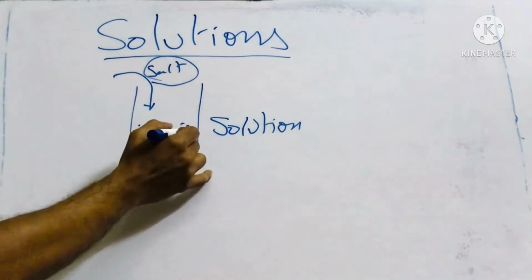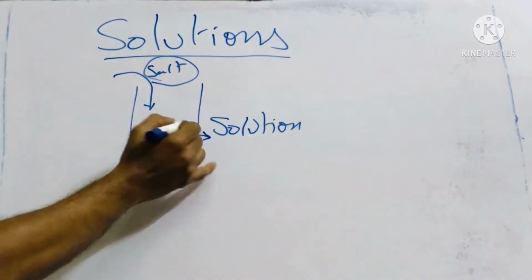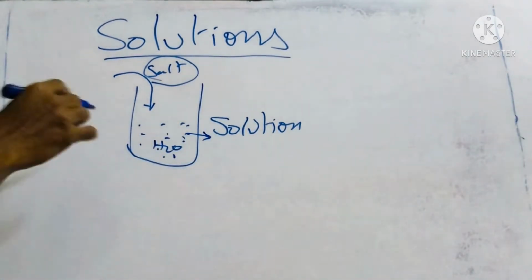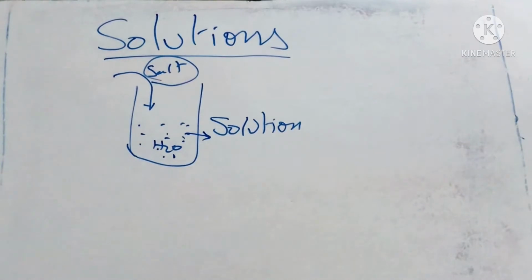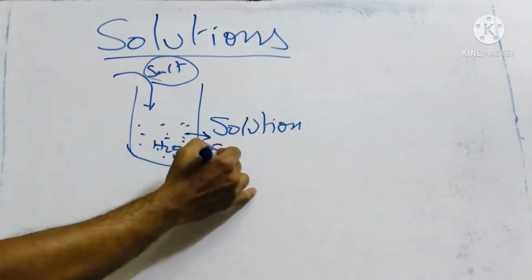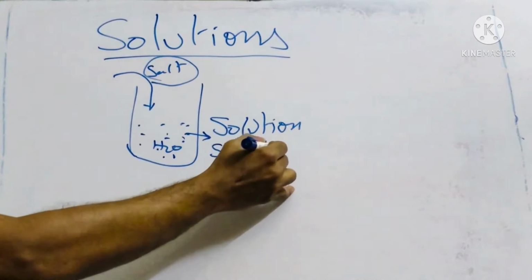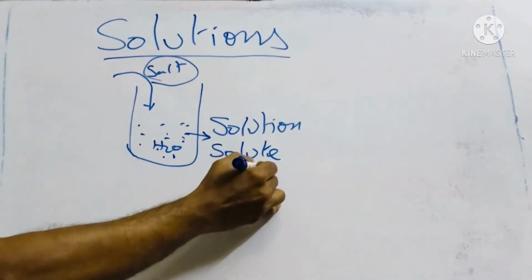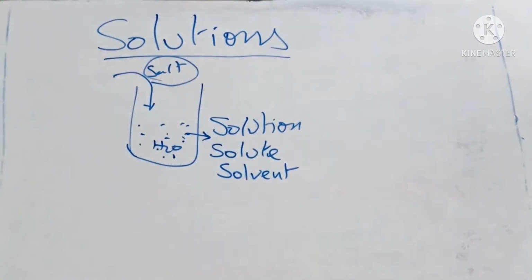Homogeneous means wherever you take a sample, it represents both salt and water, uniformly distributed, the salt uniformly dissolved in the solvent. So in this solution you have two components. One we will call the solute, and the other component we will call the solvent. Which is solute, which is solvent?